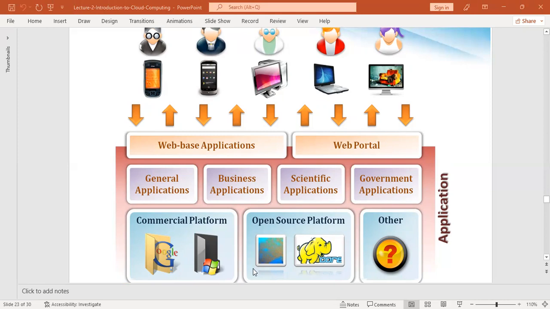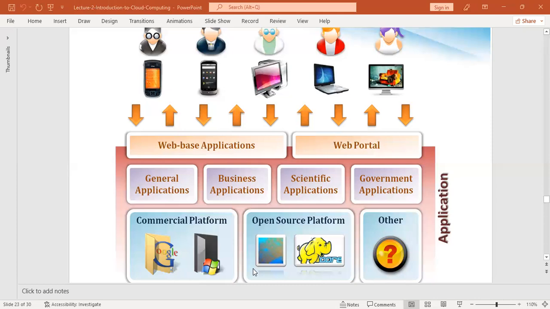Web 2.0 has been a trend of using the full potential of the web. You can view the internet as a computing platform, and we can ensure the interconnectivity of mobile devices. We have great accessibility, great portability, and we have web-based applications, general applications, business applications, scientific applications, and government applications.